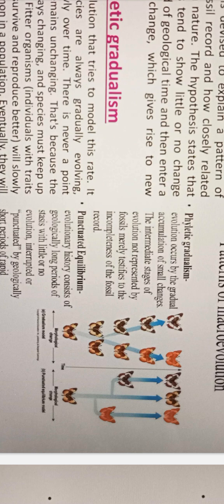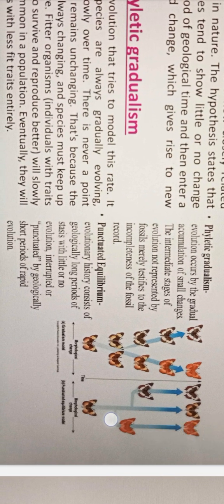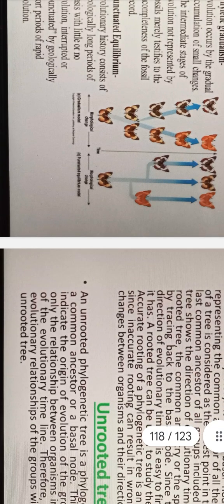The intermediate stages of evolution not corresponding to the fossil record merely reflect missing data. Then punctuated equilibrium: history consists of geologically long periods of stasis, interrupted or punctuated by geologically short periods of rapid change.